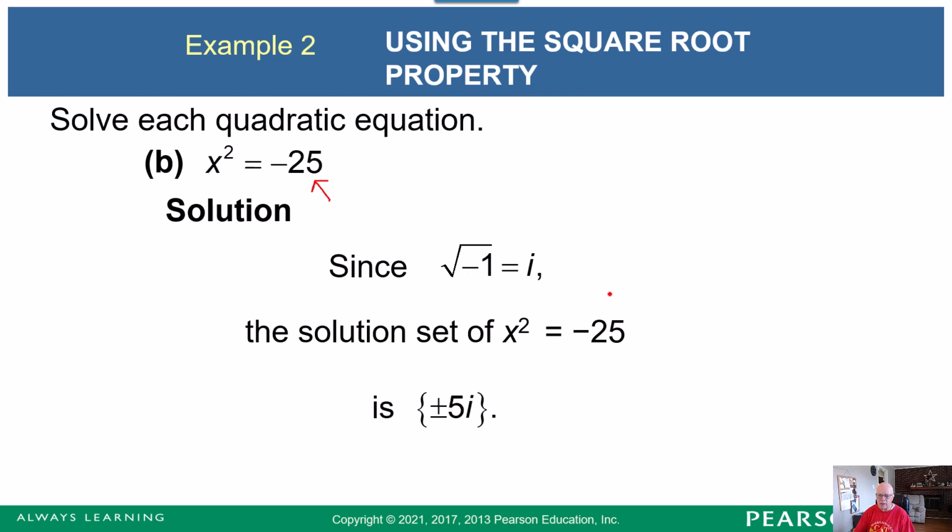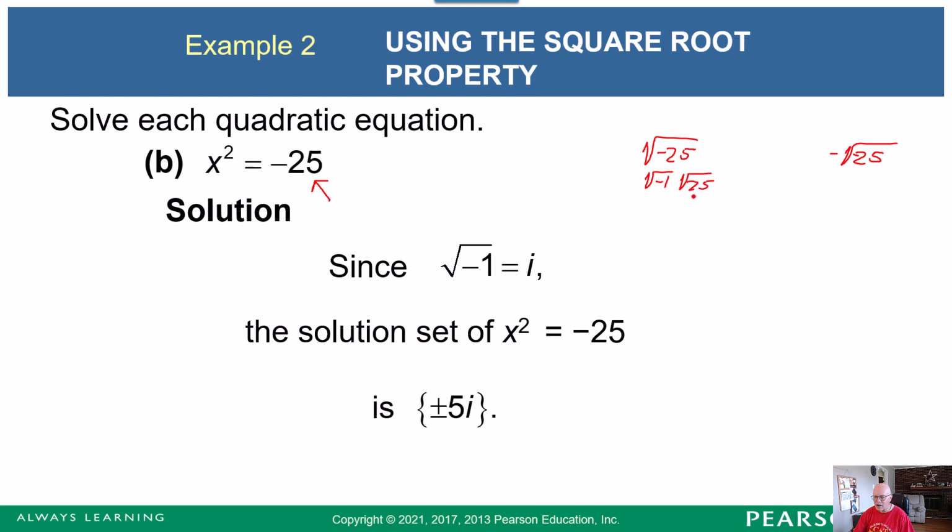Why? Okay, so if we take the square root of -25 and negative square root of -25, those are our two solutions. Now take the first one. In the last section, we split this up, square root of -1, square root of 25.